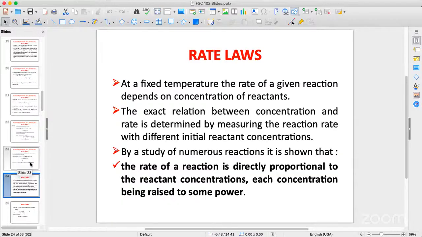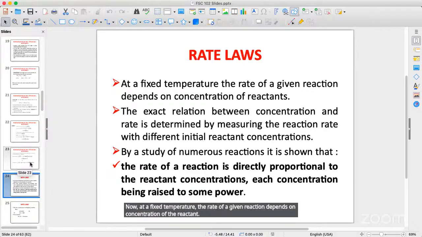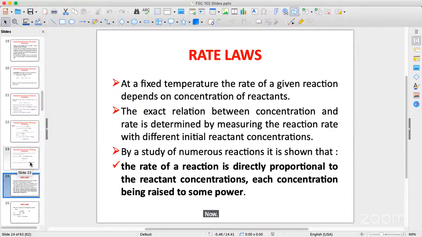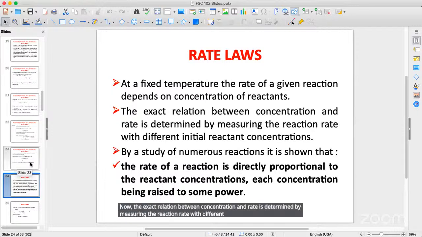Now, at a fixed temperature, the rate of a given reaction depends on the concentration of reactant. The exact relation between concentration and rate is determined by measuring the reaction rate with different initial concentrations. You see that line is very important. When we see things in bullet points, we just think we need to read through.